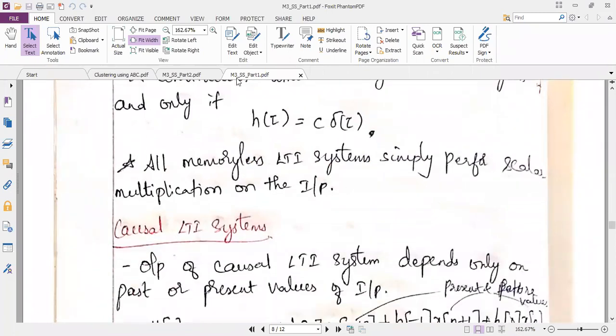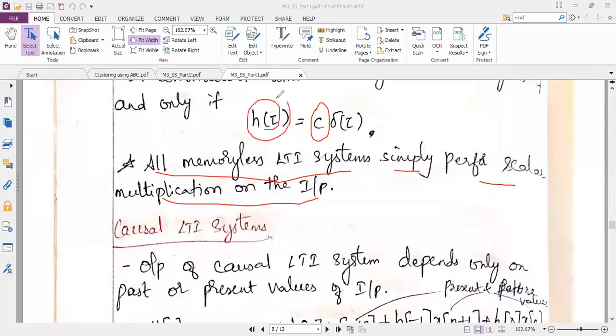So my conclusion is all the memoryless LTI systems simply perform scalar multiplication on the input. This is called scalar multiplication. So this memoryless system impulse response is performing scalar multiplication on the input. As per this equation, my left hand side is my output and my right hand side is my input.